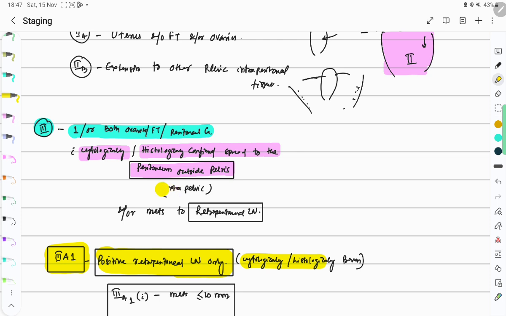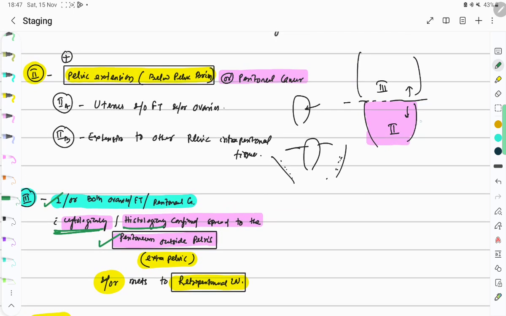So if it is involving extra-pelvic areas, or metastasis to the retroperitoneal lymph node, that is beyond the pelvis, so above the pelvic brim. That means if it is involving above the pelvic brim, then it is stage 3.